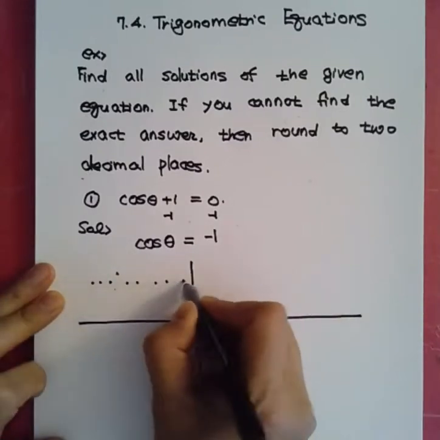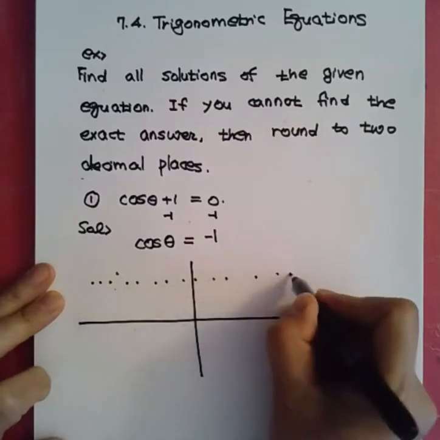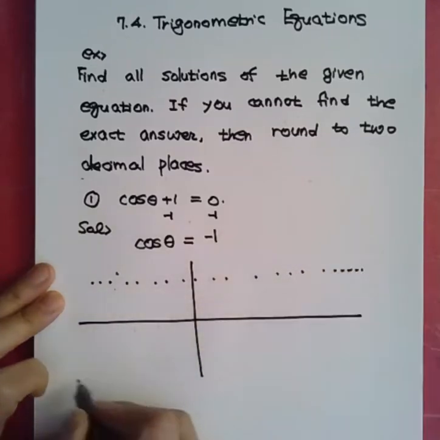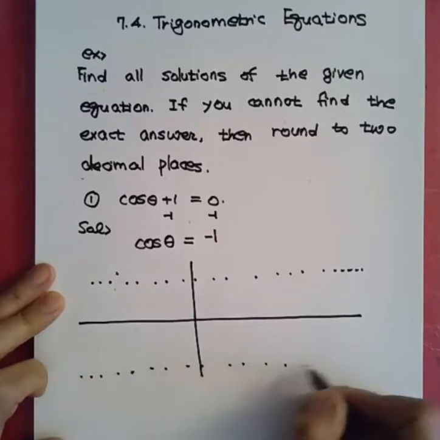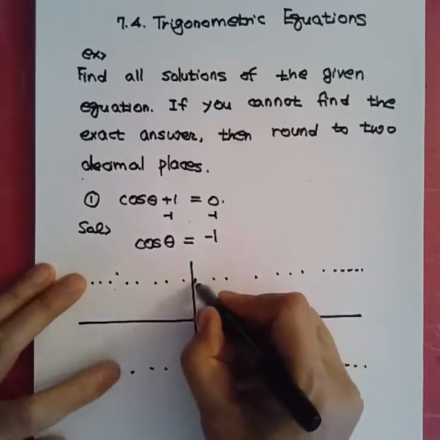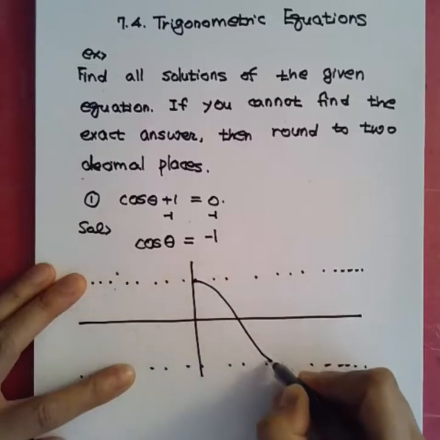In this case, cosine of theta equals minus 1, which is the minimum value of the cosine function. So we have to figure out where that happens by drawing the cosine function's graph.